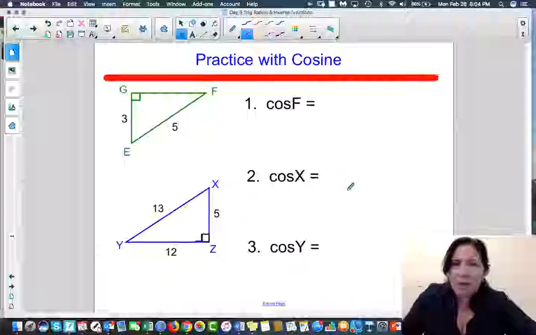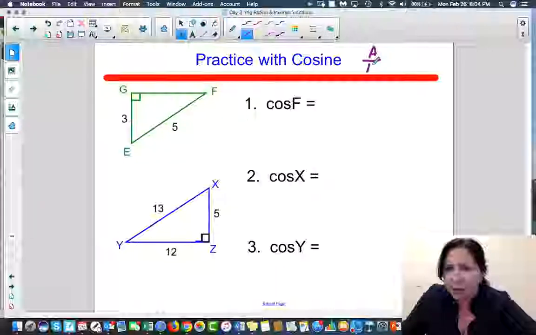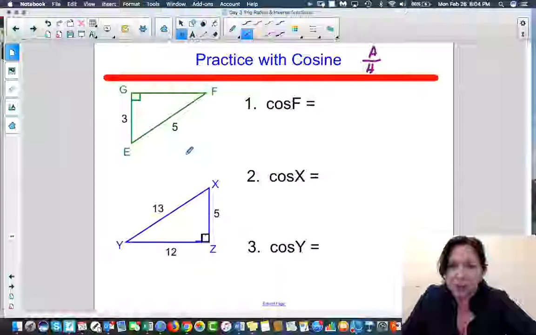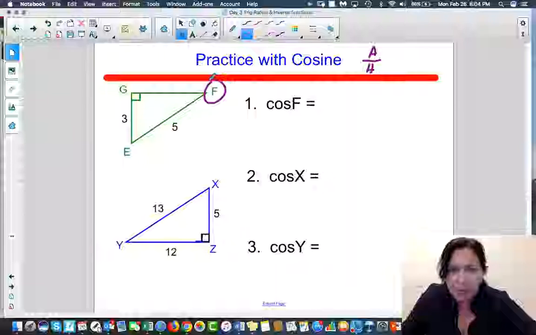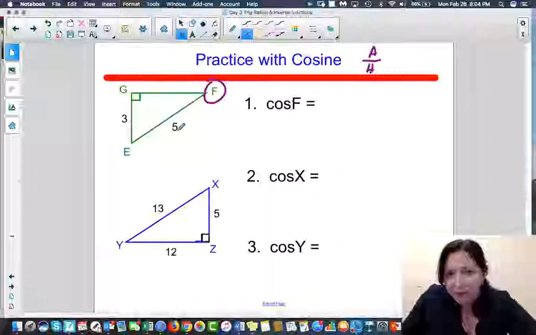Okay, so practicing with cosine. Remember, cosine is adjacent over hypotenuse. Every one of these is cosine, so they're all going to be adjacent over hypotenuse. This one says cosine of f, so I'm going to put myself here at f. Which side's my adjacent side? It's not 5, that's my hypotenuse.